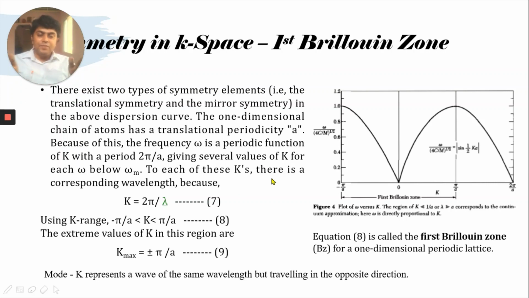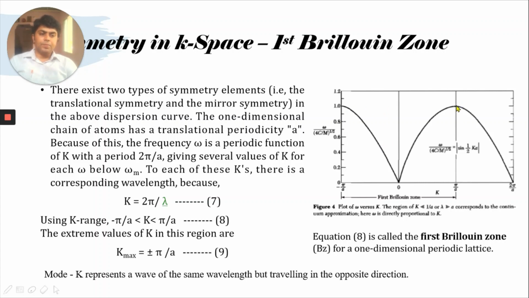The extreme values of k, the wave vector, are achieved only at certain regions, which we understand as the extremes of the first Brillouin zone or second Brillouin zone, and so on. In the case of the first Brillouin zone, plus pi by a and minus pi by a are considered to be the maximum, and you can see that maximum in the figure.